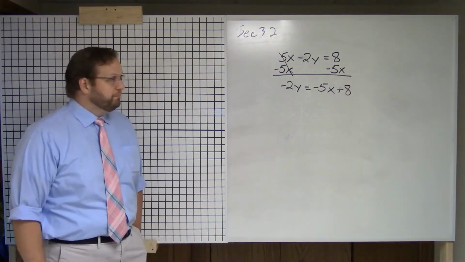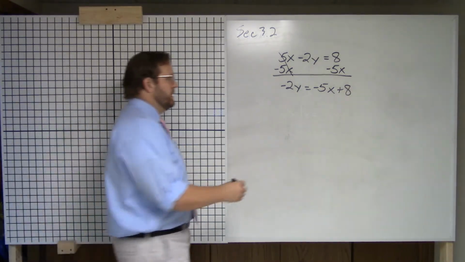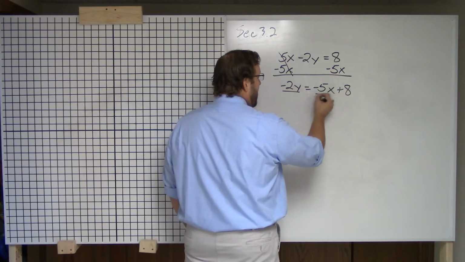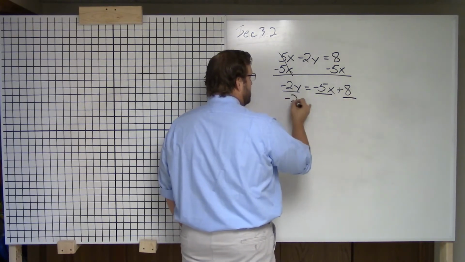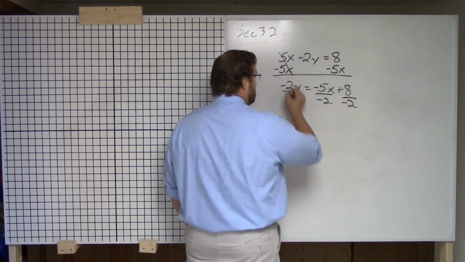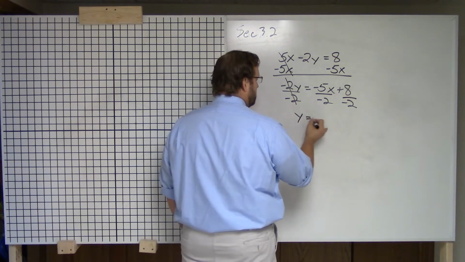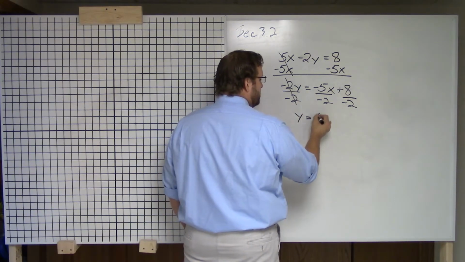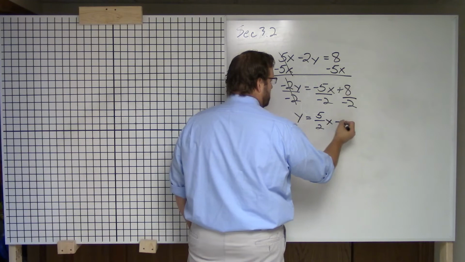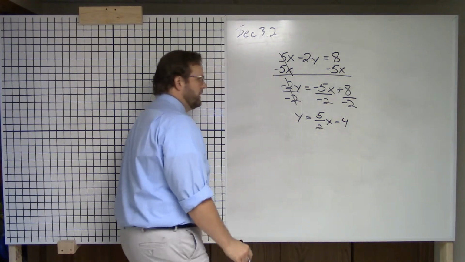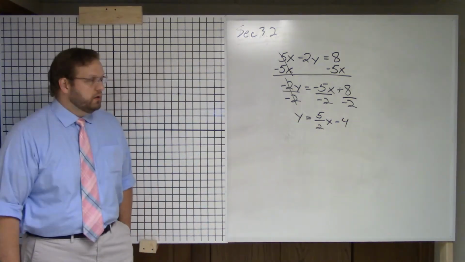And we got that. Next, I want to divide everything individually by a -2. 2 negatives make a positive. And we have that.